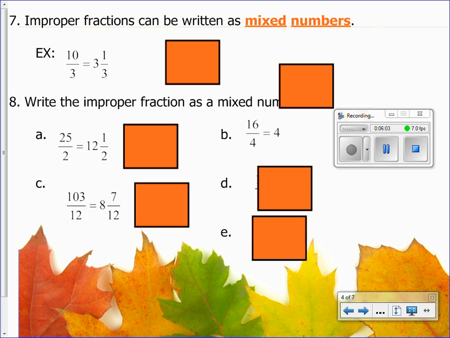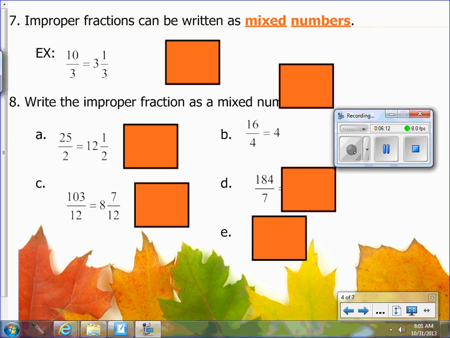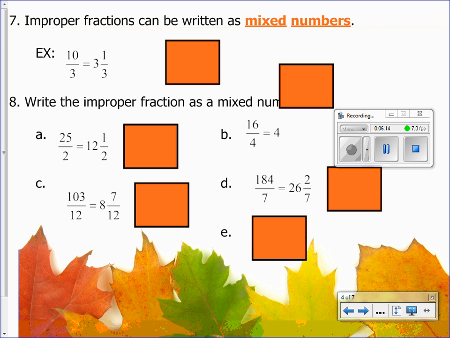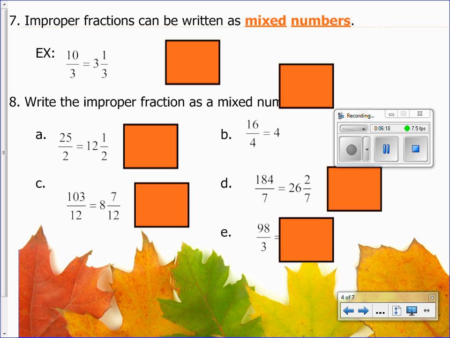Okay, I have 184 sevenths. So that would be 184 divided by 7. 26 and 2 sevenths. E, 98 thirds. And so 98 thirds is equal to 32 and 2 thirds.